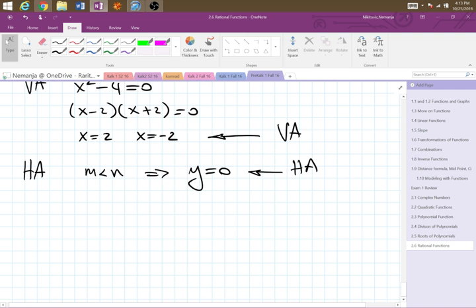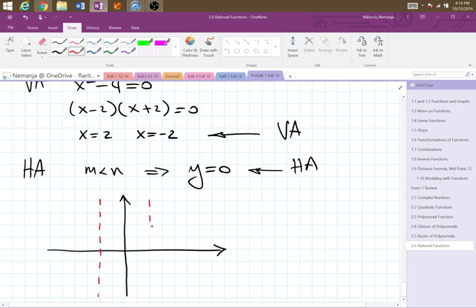Now you take all of the information you know and you graph everything you know, and then we'll fit the line in between. So I have vertical asymptotes at negative 2 and 2. I have a horizontal blue asymptote at 0.